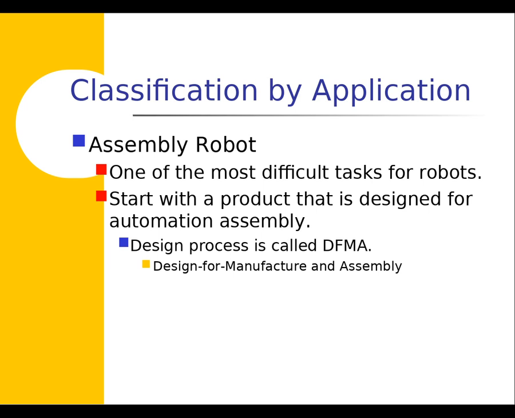And so there's certain robots that are focused for this task, and a lot of them fall under an acronym here, DFMA, which stands for Design for Manufacture and Assembly. So they're saying that this robot was designed specifically for this application.